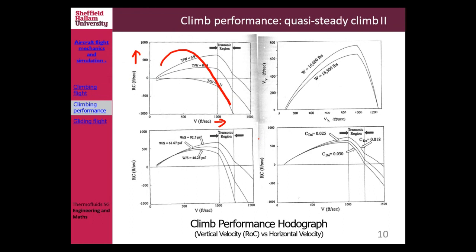This is the same as a graph you have seen last week when we drew power versus velocity, or thrust versus velocity, but it is a slightly upside down chart, right? The x-axis is your horizontal speed, and the y-axis is your vertical speed.